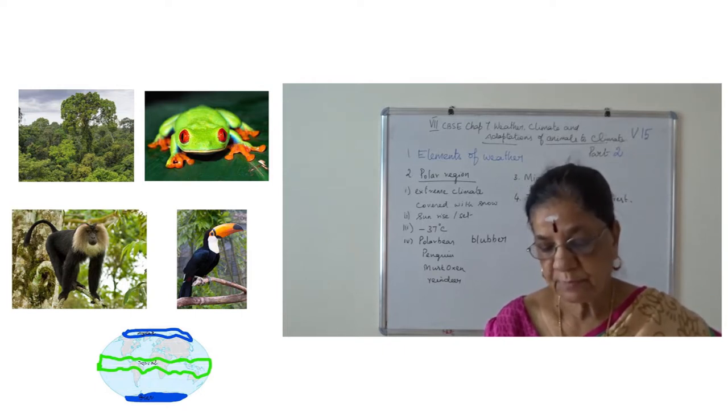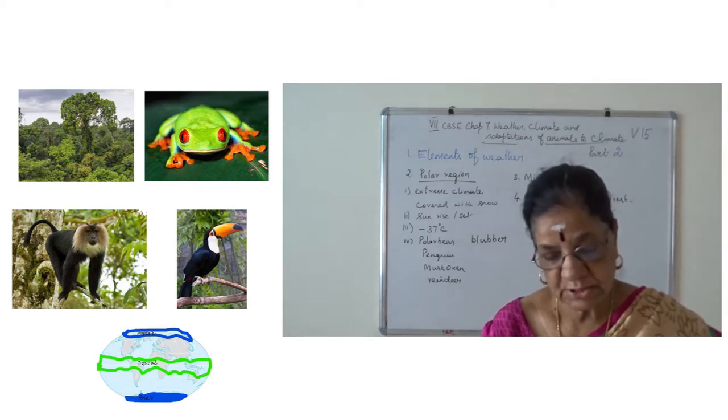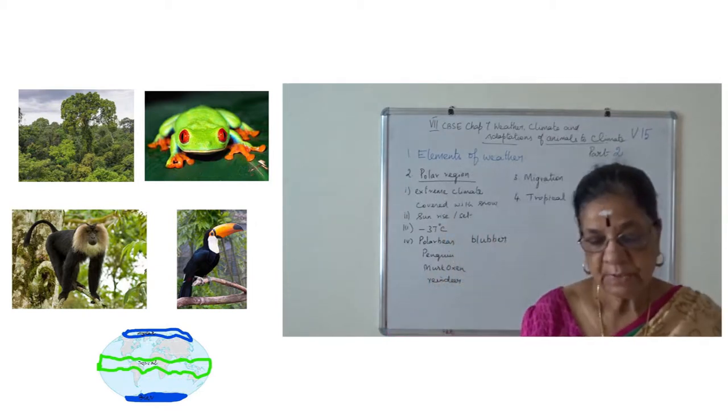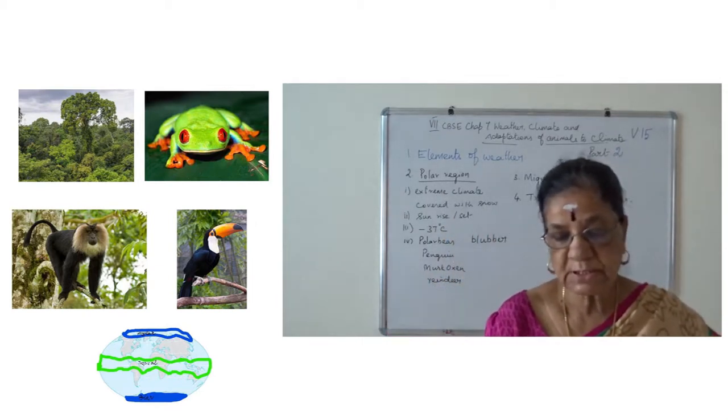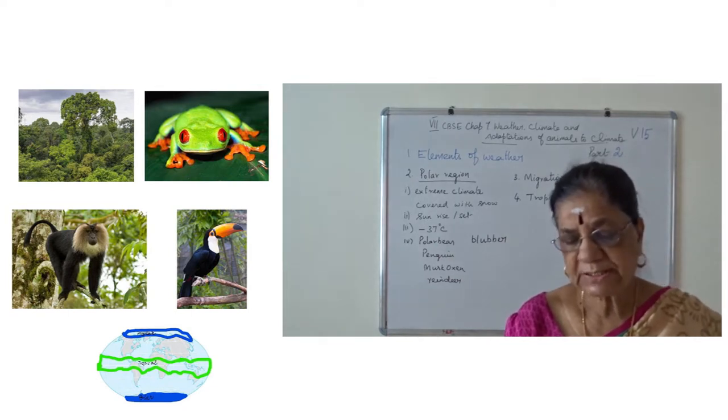An important feature of this region is the tropical rainforest. So now tropical rainforests are found in the Western Ghats, which we say runs from Kanyakumari up to Bombay, the Western Ghats.